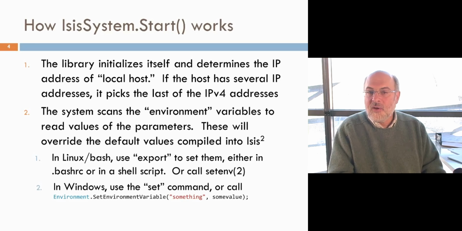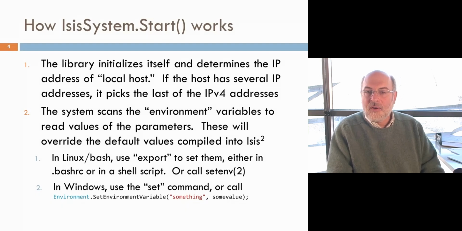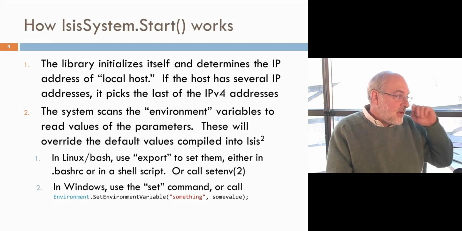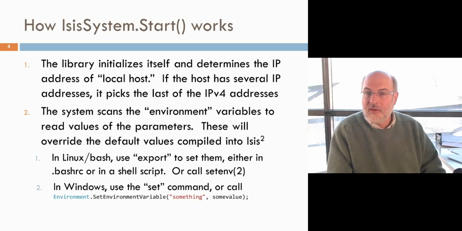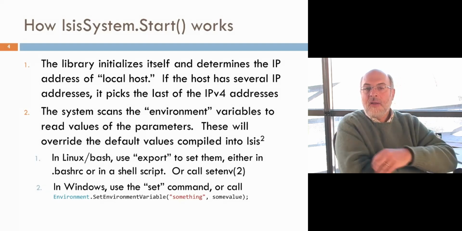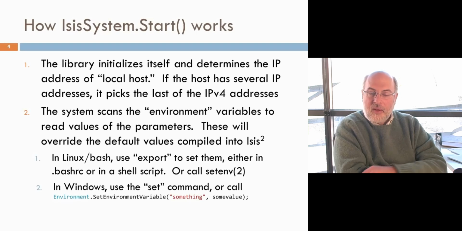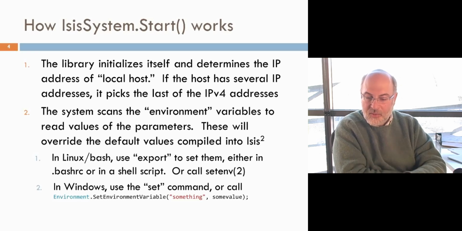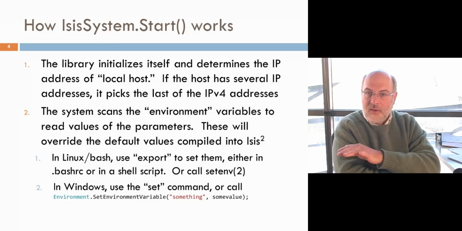All right, this is usually also what localhost would have mapped to, but I do want you to be aware of which one it is, because many people don't even realize that their computers could have multiple IP addresses or what those would be. Now, then the system scans what are called the environment variables, and you can set those. So, for example, anytime you're about to launch a program on Linux in Bash, you can call an export command in Bash and say export parameter equals value.